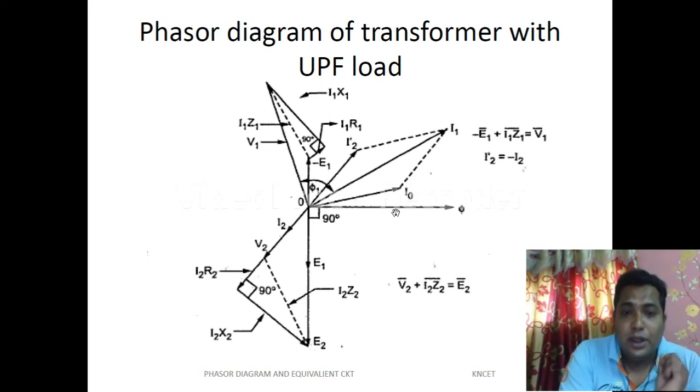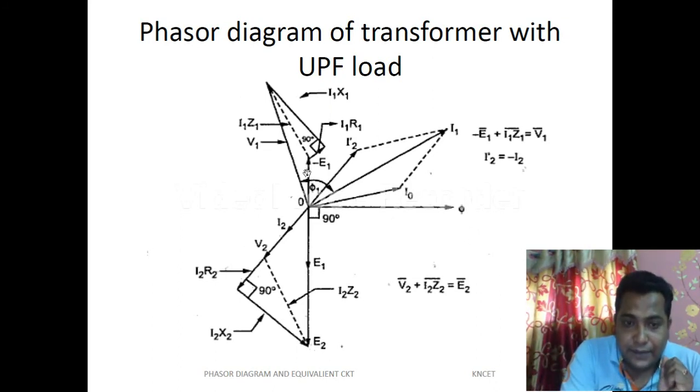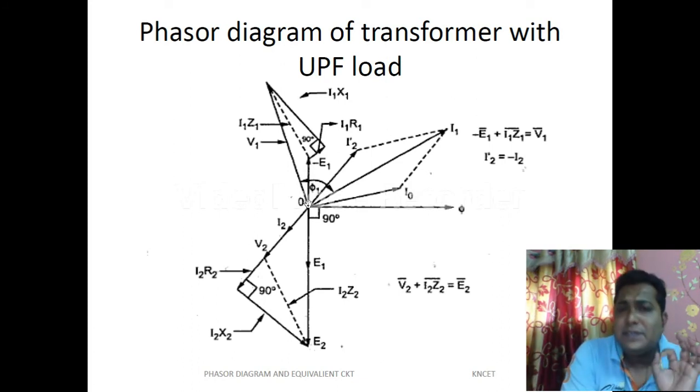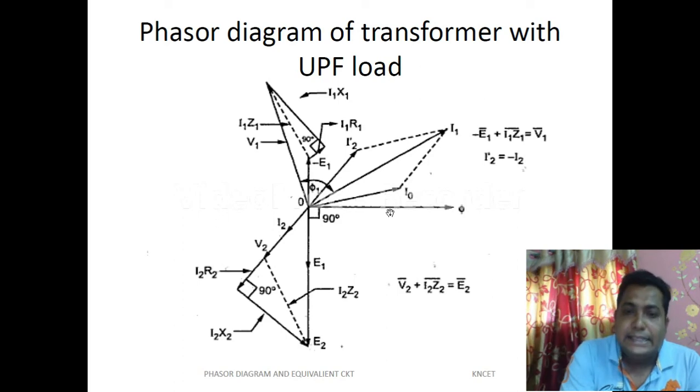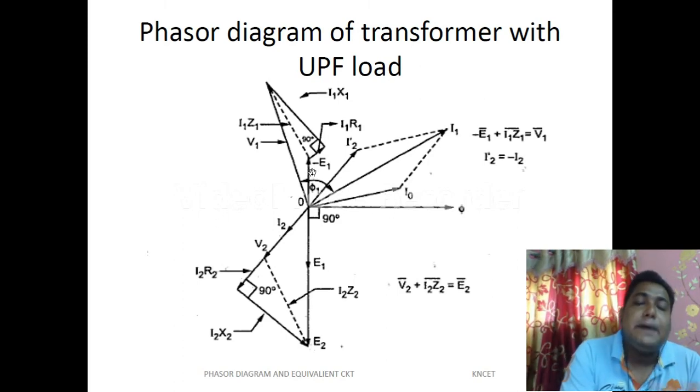Previously we have shown this line, V1. Just look at my pointer, you will be able to understand. Previously we have drawn this V1 over here. What is the reason? Because there is a magnetizing current over the axis of phi, and from this magnetizing current, voltage always leads by an angle of 90 degrees.